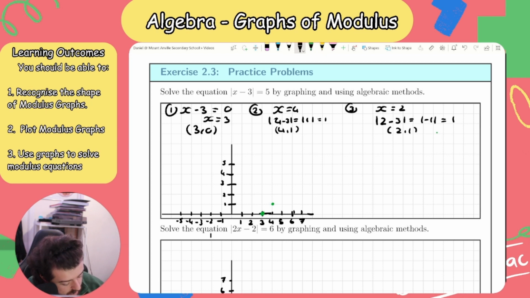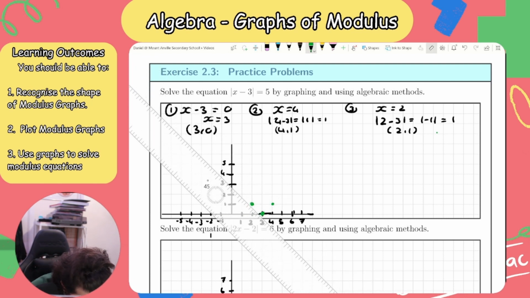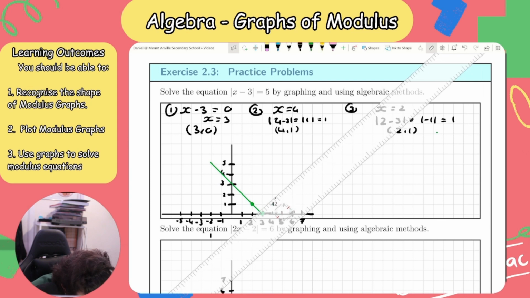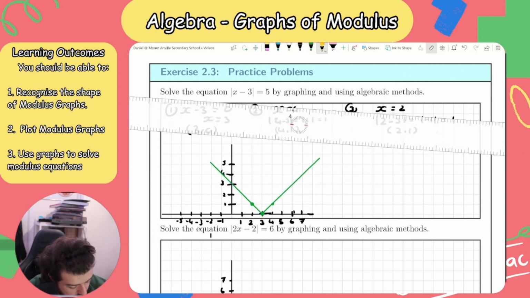So (2, 1) is my third point here. Now I just connect them up like so, like this.